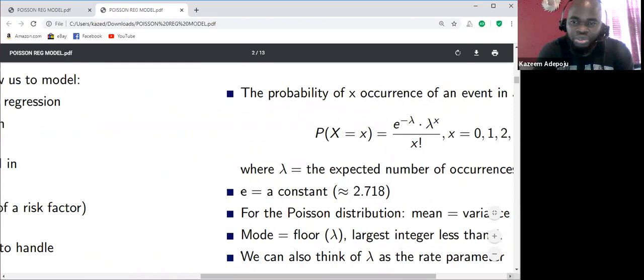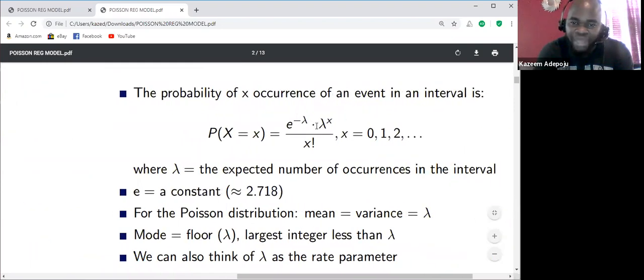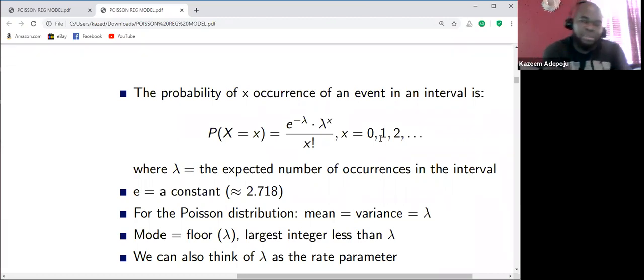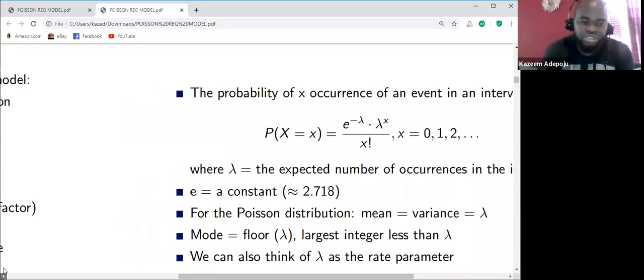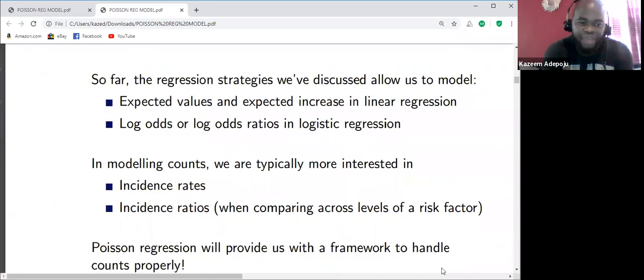If my lambda equals 5, then I can determine the probability of x equal to 0, the probability of x equal to 1, the probability of x equal to 2, and so on. When I determine that, then I can plot. You're going to see what I'm going to have right now.